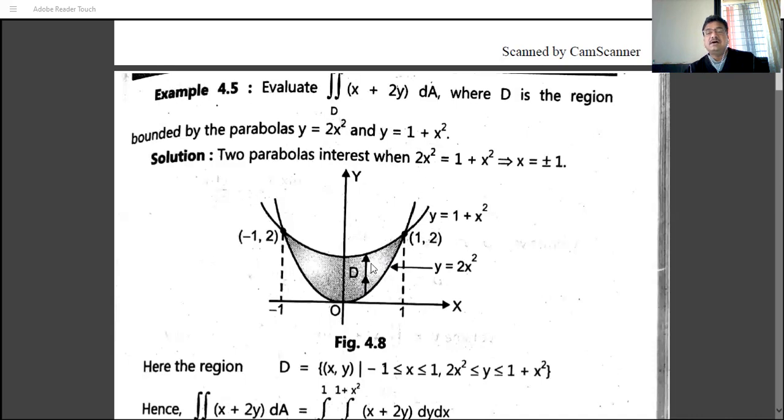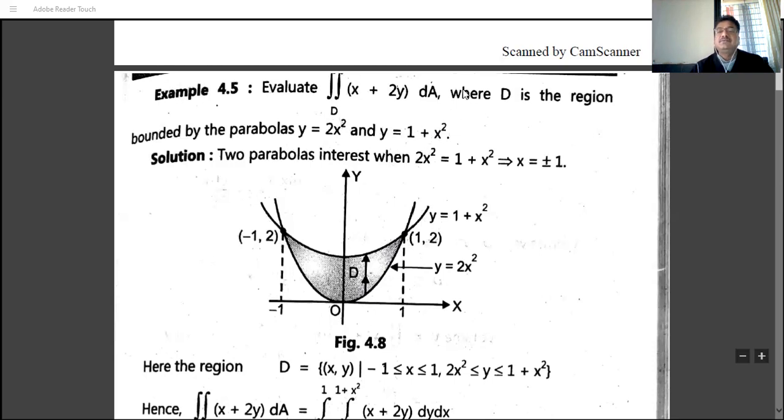So this is the curve passing through, what is its vertex? Vertex is (0, 1). That is, if we substitute x is equal to 0, then y is 1, and (0, 1) is its vertex.